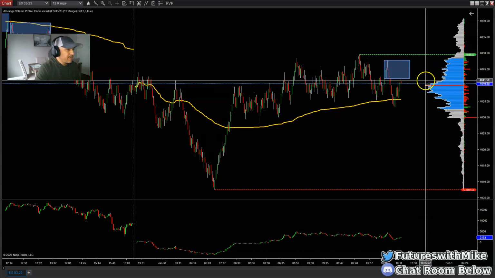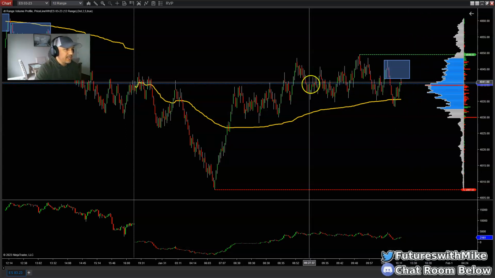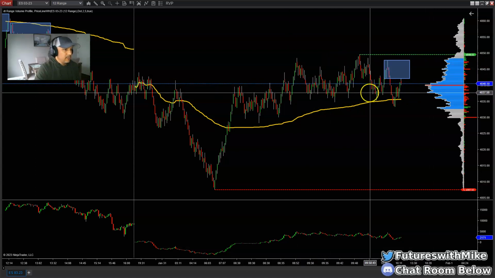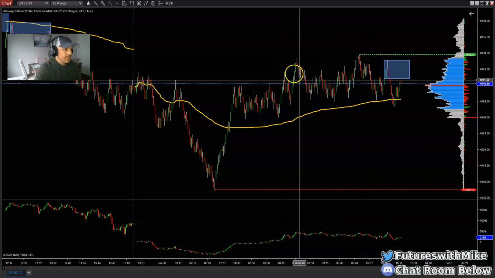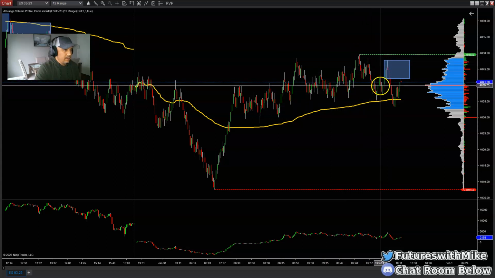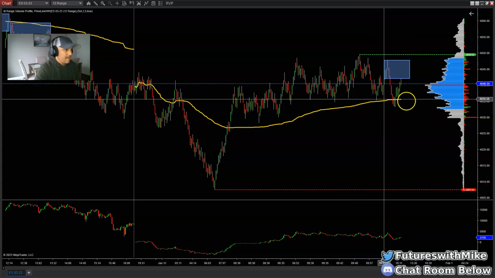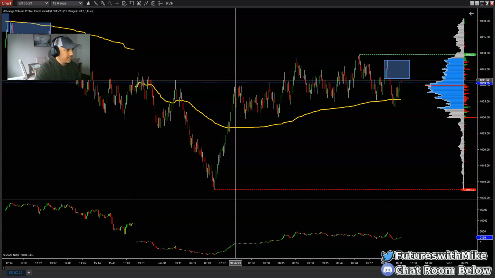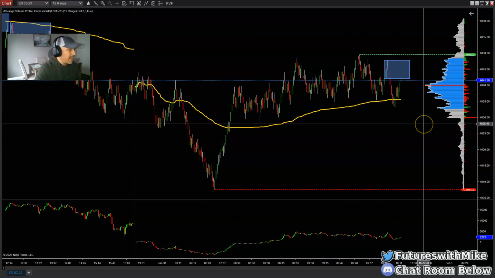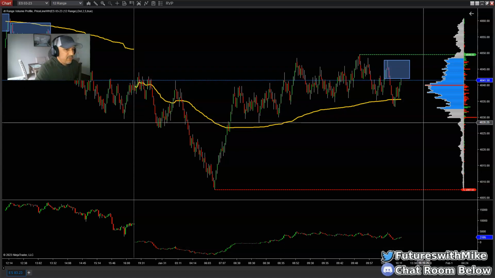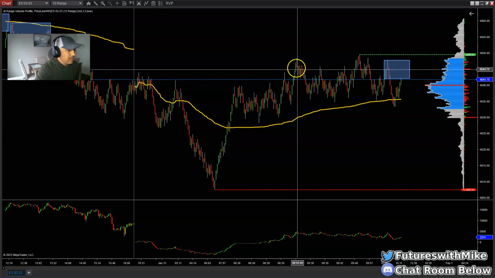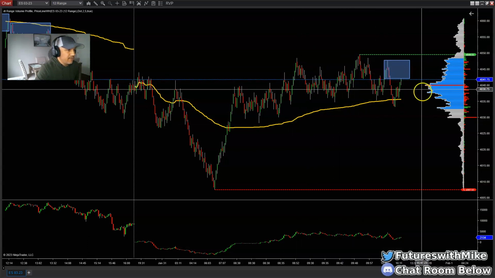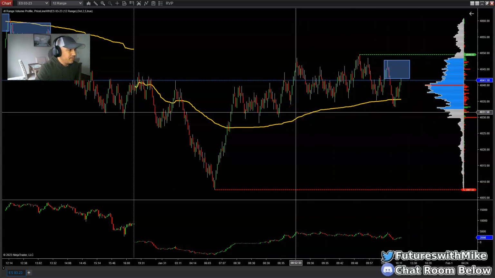But we've got the POC right below us, so I have to be mindful of that as well. Yeah, I'm going to wait it out right here, see if we get some rejection off the supply zone. But the market could push to the upside now. We are definitely moving sideways right now.